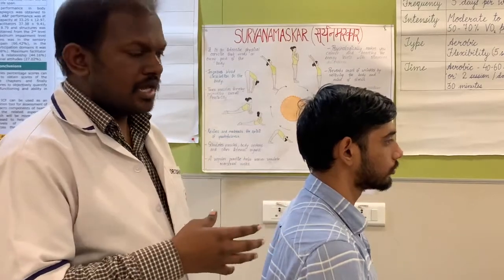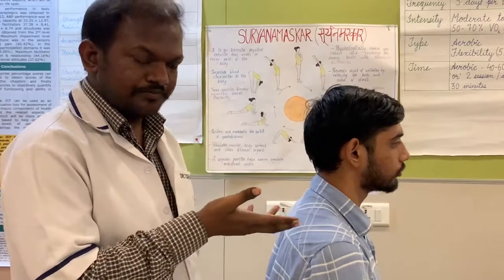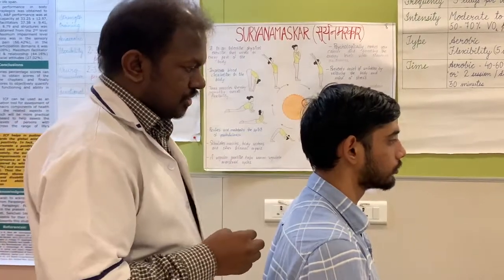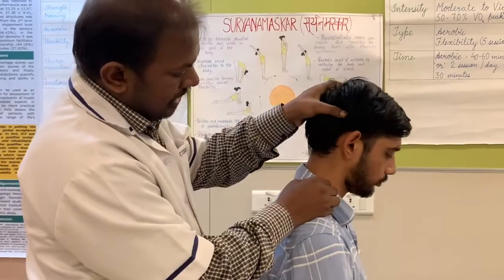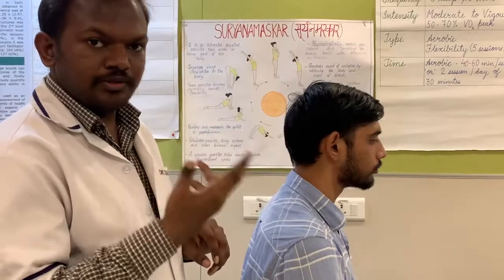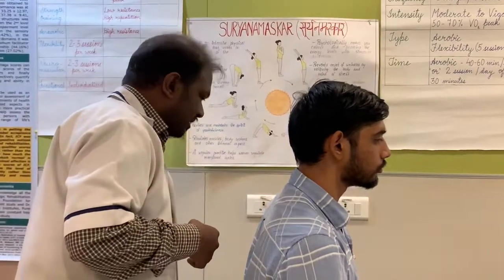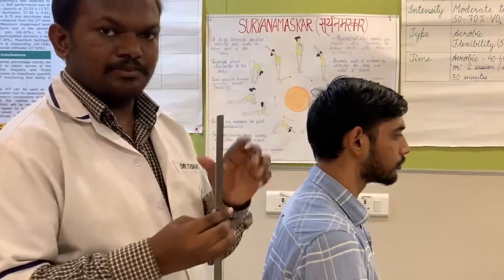Now we are going to see how we can assess the range of motion of cervical flexion. This is the normal cervical flexion movement. Now we are going to measure it objectively. For that we will need a universal goniometer and some landmarks.